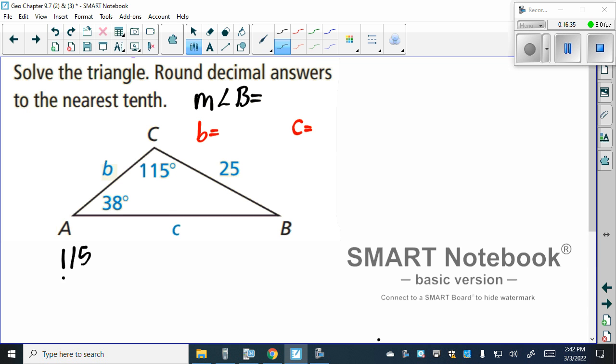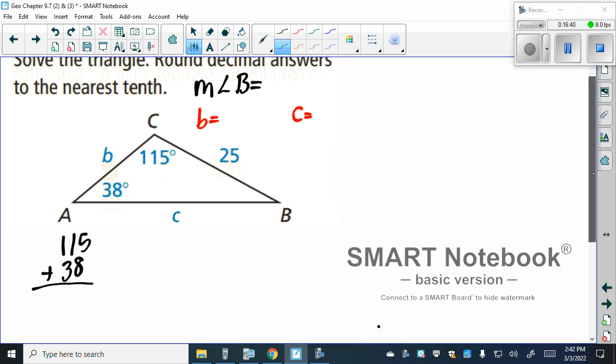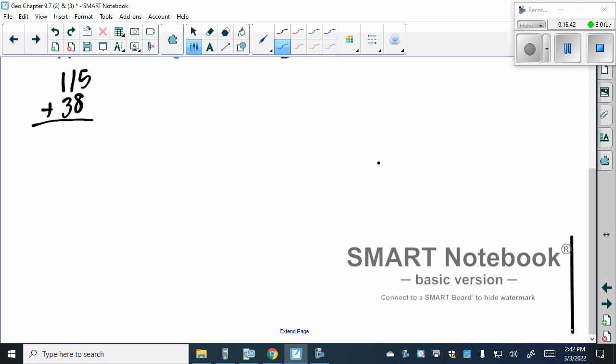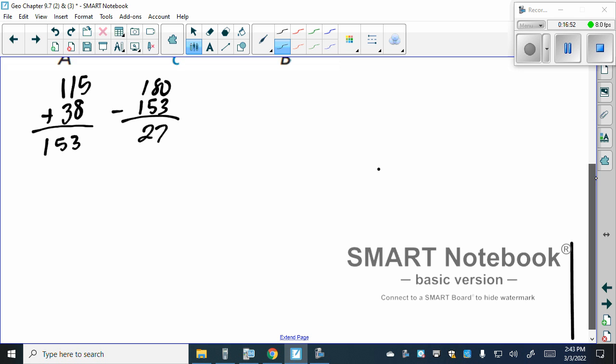So if we add 115 and 38 together, 153. And if we subtract 153 from 180, we get 27.